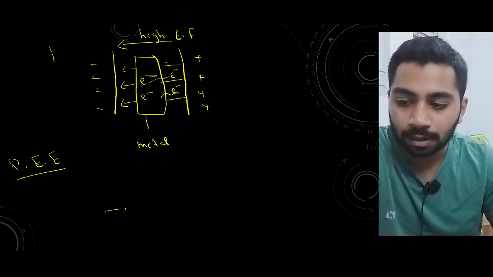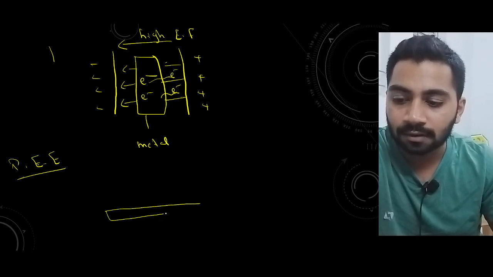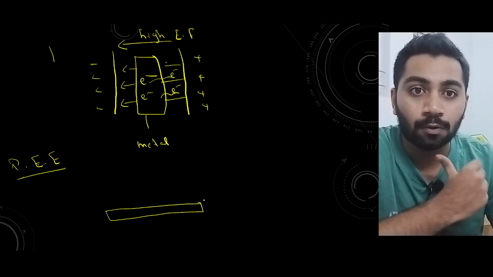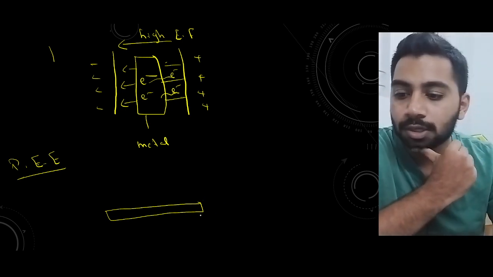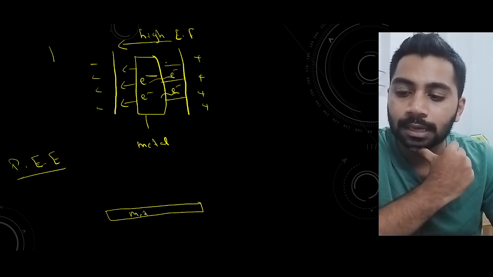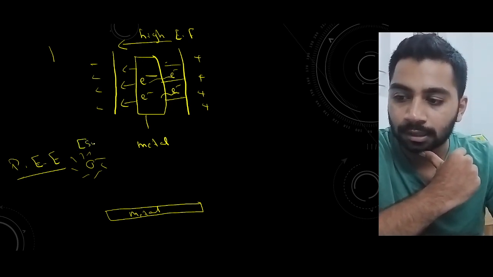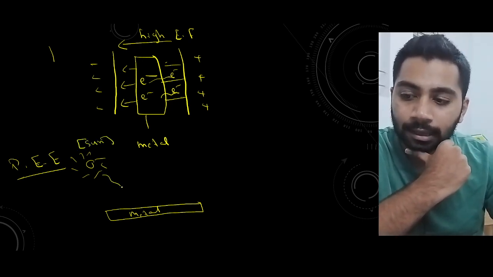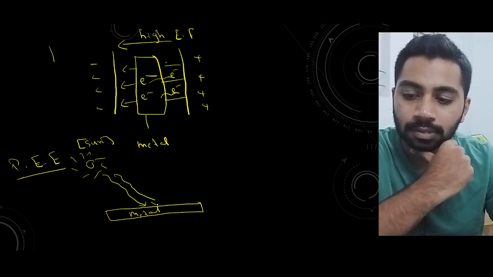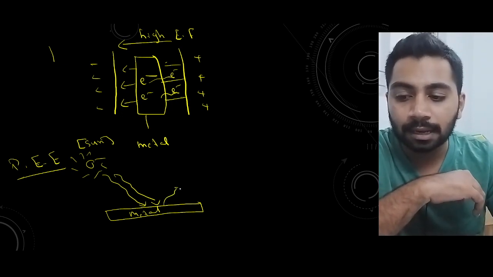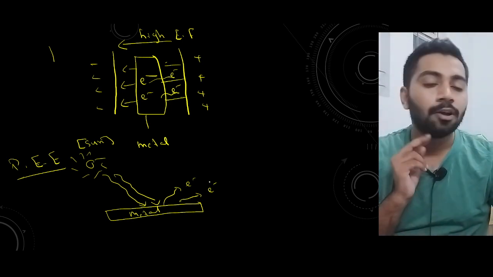If I have any metal surface, because only metals have free electrons and can conduct electricity, and we have the sun, the sun acts with some radiation on the metal. Due to this radiation, the metal emits electrons. This is called your photoelectric effect.